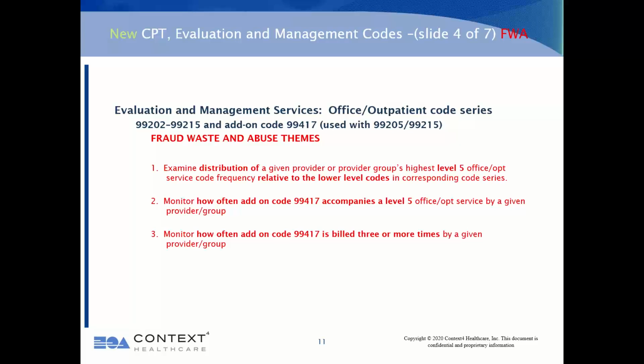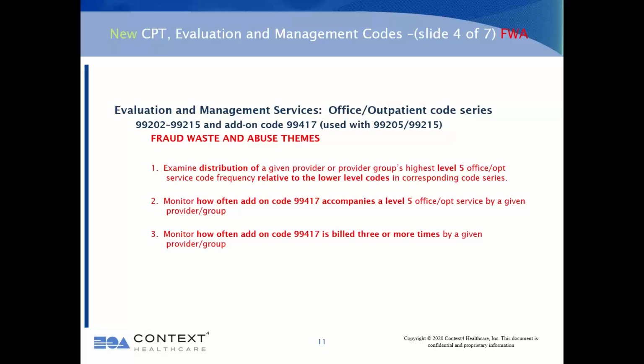Regarding monitoring for potential fraud, waste, and abuse in the office outpatient E&M code series, we can examine code frequency from several angles. First, we can examine the distribution of the given provider's 99205s and 99215s relative to their lower level codes. After 2 decades, several coding parameters here have changed this year. And these may all influence the code level distribution of a given provider or group.